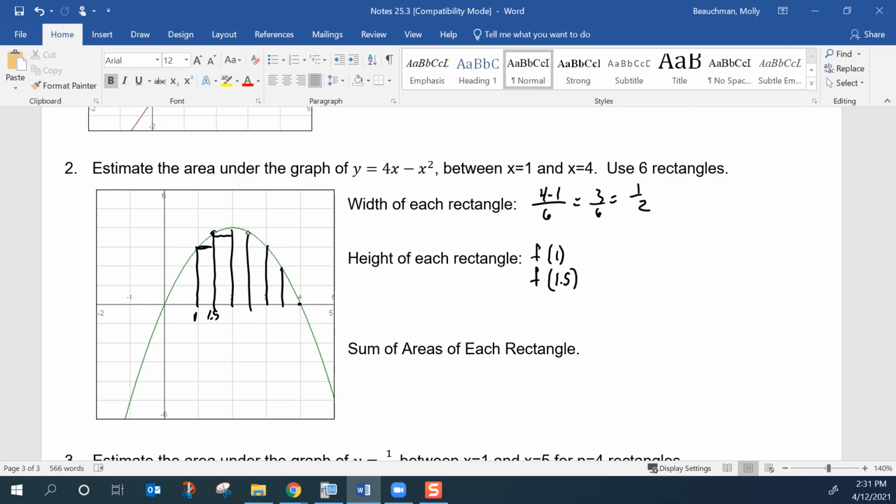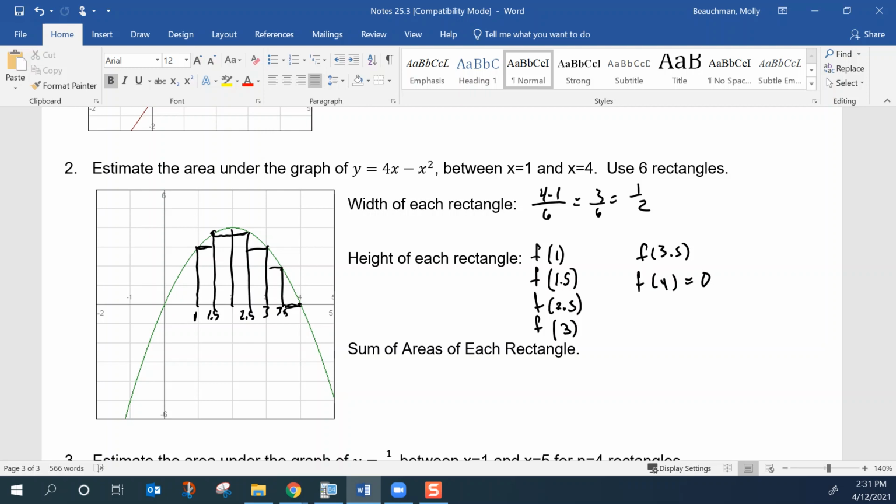So inscribed, the height of the next rectangle is what we get when we put in 2.5. The next rectangle would be f of 3. The next rectangle would be f of 3.5. And then the last rectangle is going to have a height of 0, f of 4.